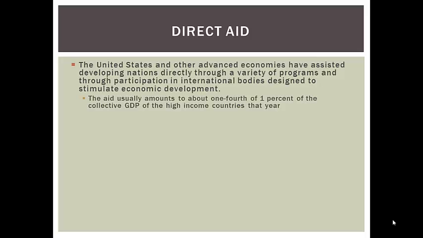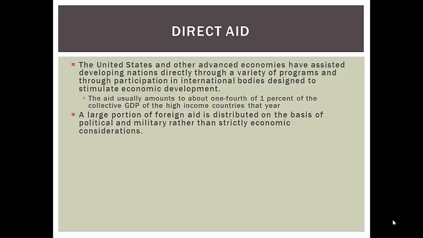Here we're not discussing whether or not we should be helping other nations, but rather what we actually do. If you make $100 a day and you send 25 cents to help the poor, that's pretty much equivalent to what the United States sends to other countries.